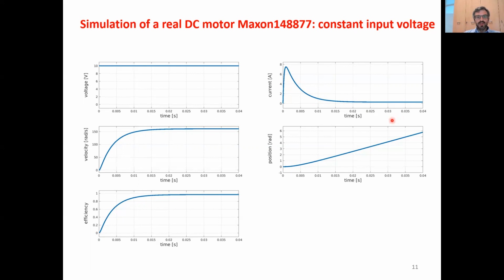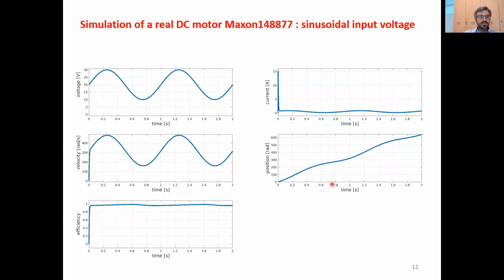Because of the back EMF effect, the available voltage drop on the resistor is smaller, so the current is smaller, and the position after initial acceleration to reach the steady state velocity will evolve in a linear fashion because of the constant velocity.